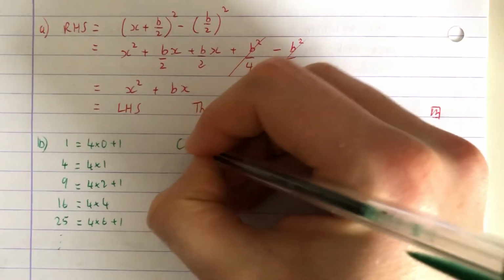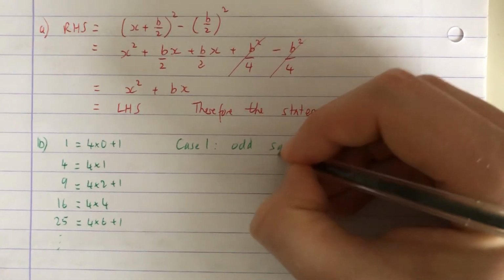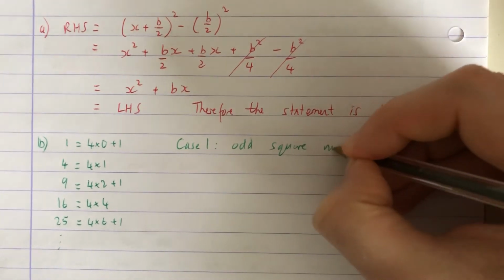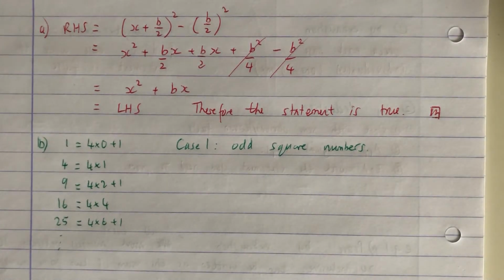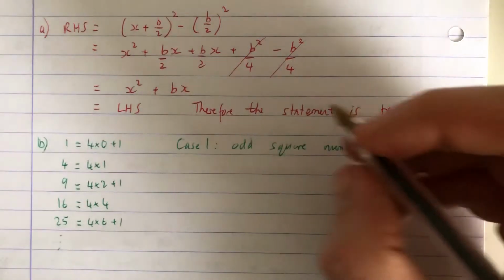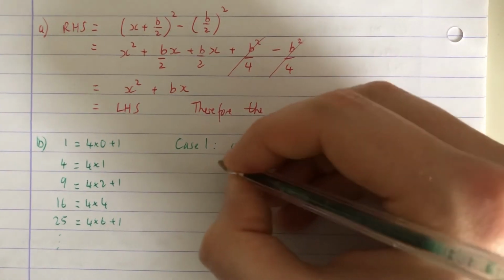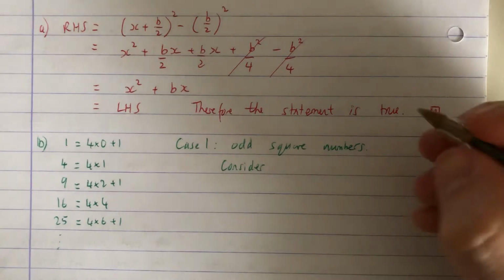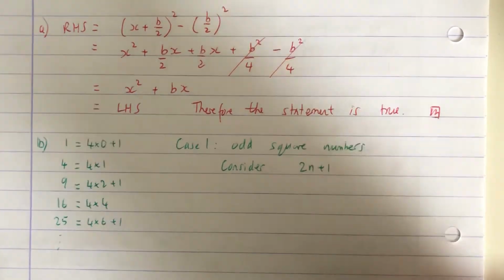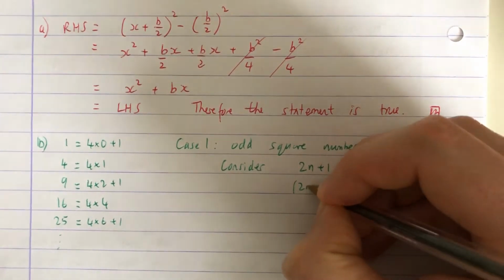So case 1 would be odd square numbers. If it's an odd square number, then we're going to consider an odd number, which is something like 2n plus 1, the general odd number. But we want a square number, so we're going to square it.